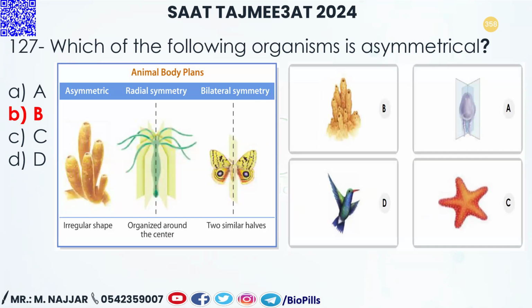And here is the detailed explanation. It has irregular shape, no symmetry. We have bilateral, in which there is one line that can divide the organism into two similar halves. We have radial, which has multiple. Any line passing by the central axis will divide the organism into two similar halves.